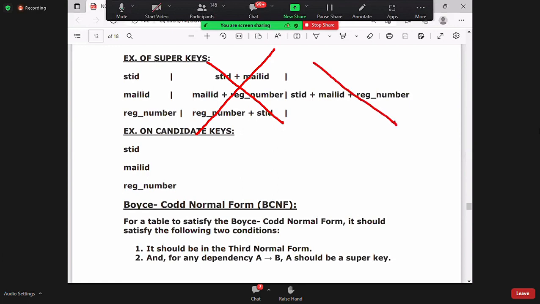These are combination, not a candidate key. So what I'm saying, individualities. Every individual super key column is also called a candidate column. Understand? Now these are super key and candidate key definitions.